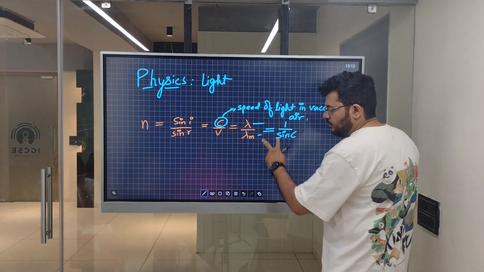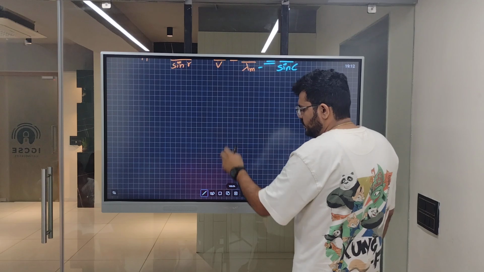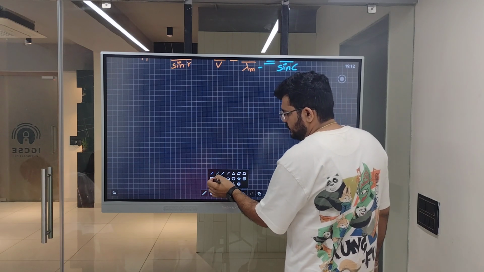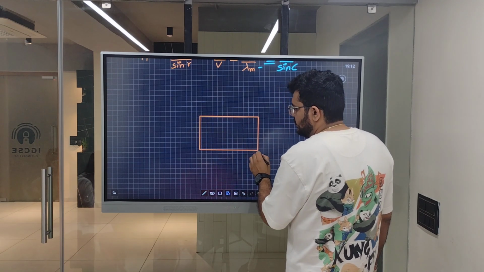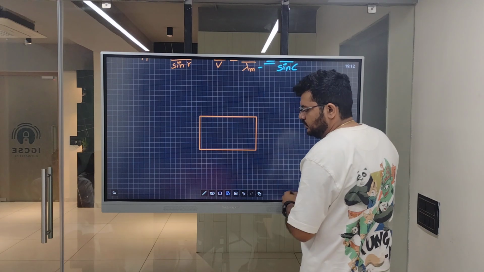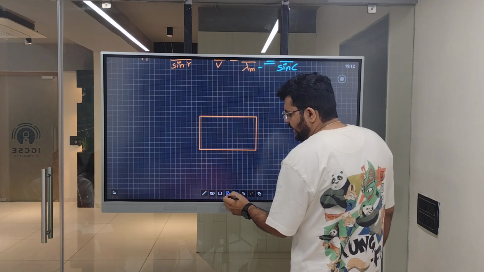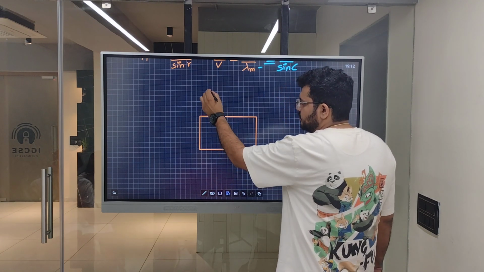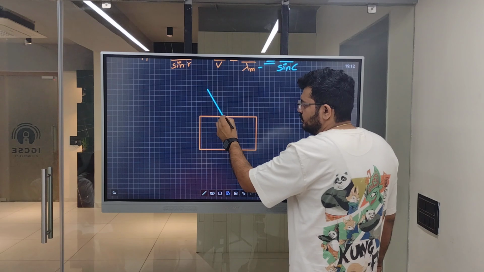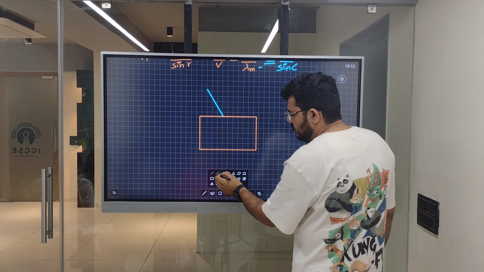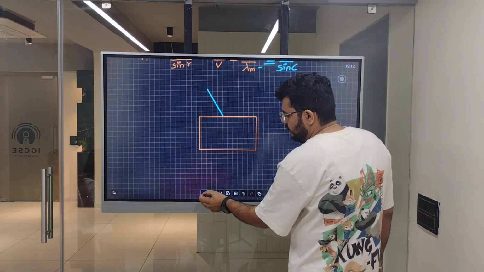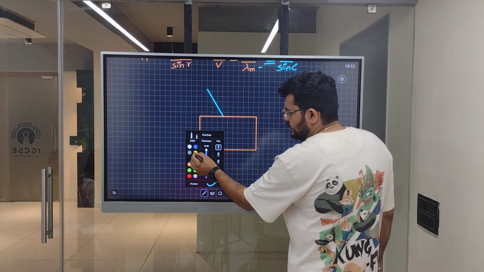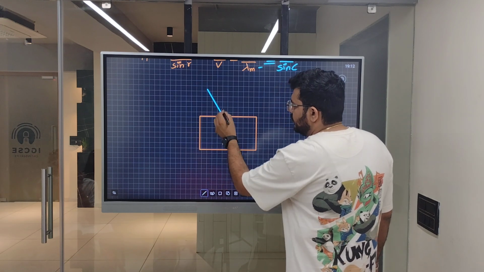So, let's suppose that this is a glass block. Okay, and light is passing through this glass block like this. Okay, let us also draw normal. Yes, white ले लेते हैं like normal.